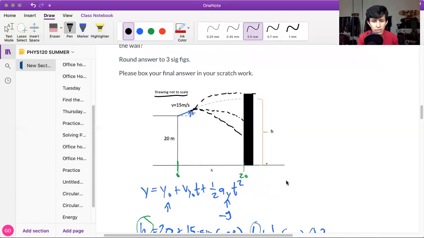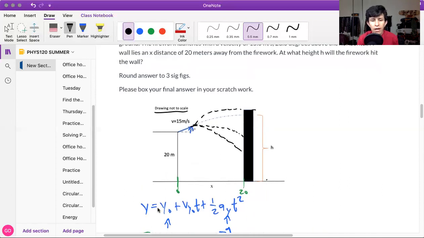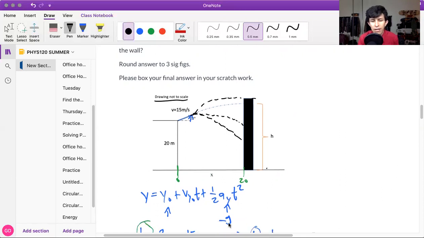So you would get this equation right here. y is equal to y naught plus vy naught times t plus 1/2 ay t squared. Of course, ay is equal to negative g, because negative is pointing downwards. We already made that assumption: down is negative, up is positive, right is positive, and left is negative in the x-axis.